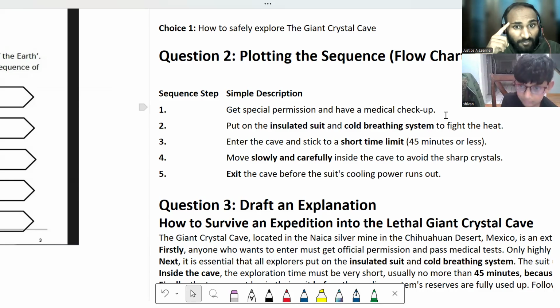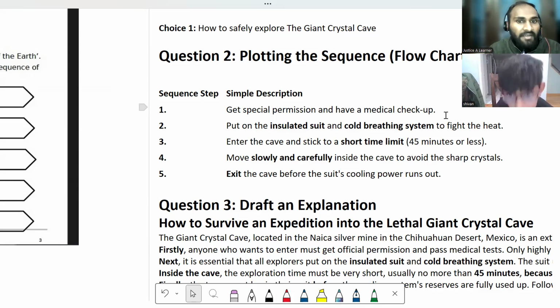So firstly you understand, okay, I need to go there, so I need to take permission, and I have to be healthy because that atmosphere is not for normal people. The second thing, when you go inside, you have to have protective clothing, an insulated suit or a cold breathing system to fight the heat.